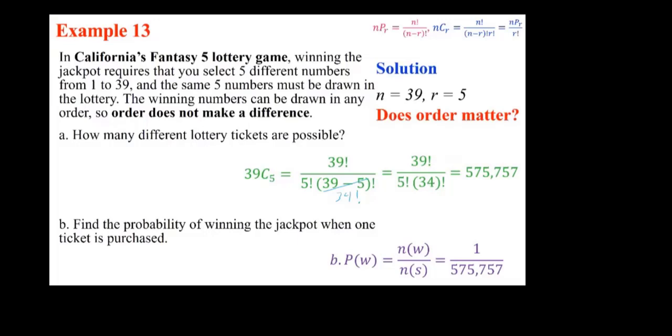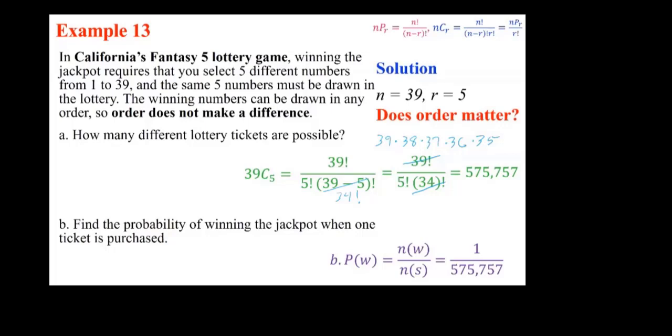So this one cancels out this one, and it gives us 39 times 38 times 37 times 36 times 35. You multiply those numbers, you divide by 5 factorial, or you can write the 5 factorial as 5 times 4 times 3 times 2 times 1. Do the simplification and come up with the answer.